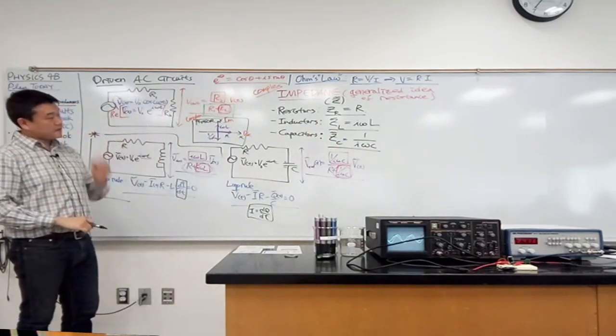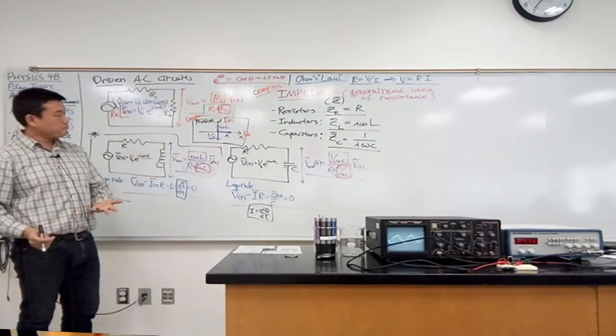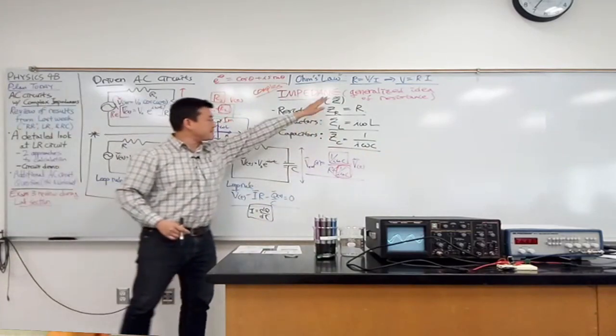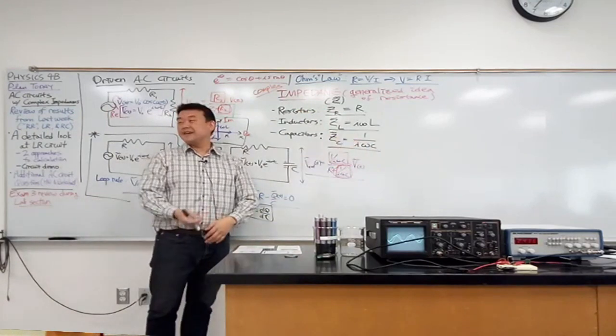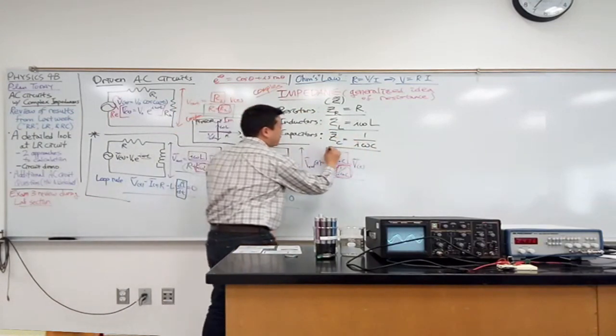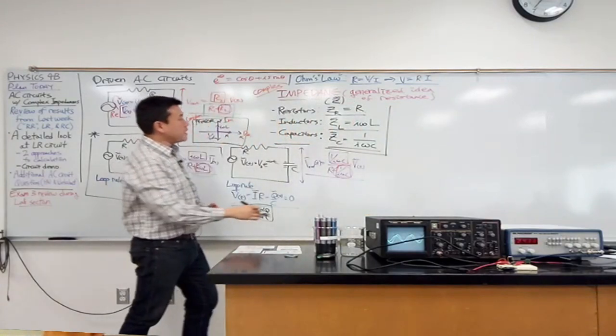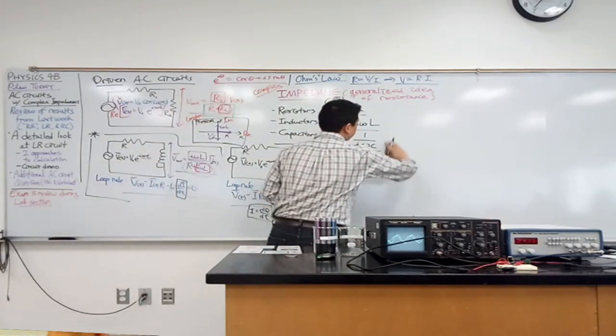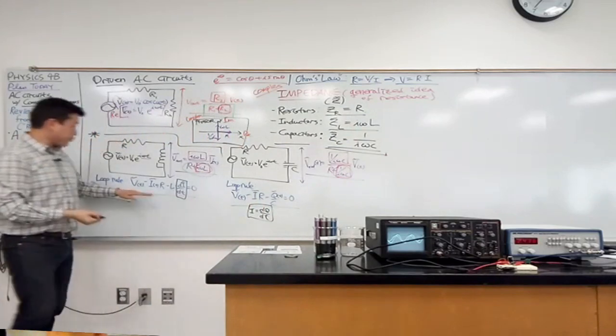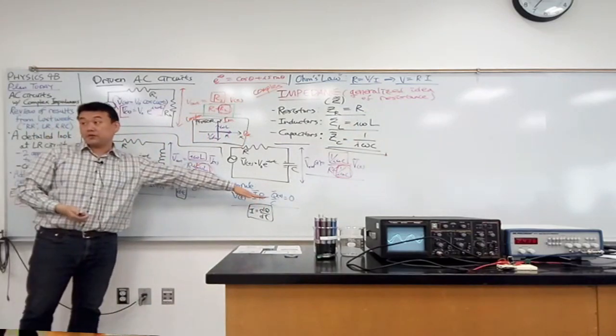And I guess normally you would just memorize this as the formula for impedance. You can derive them. To derive it, you'd go through this calculation that we went through last time.